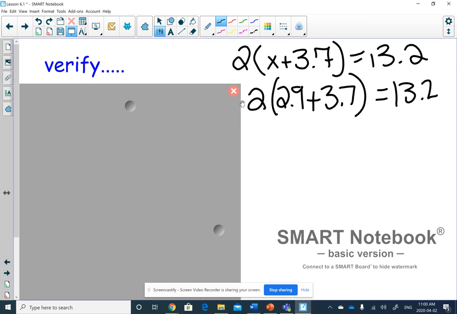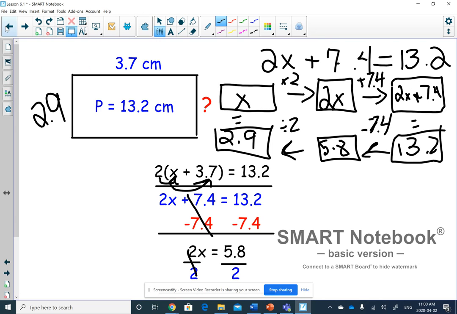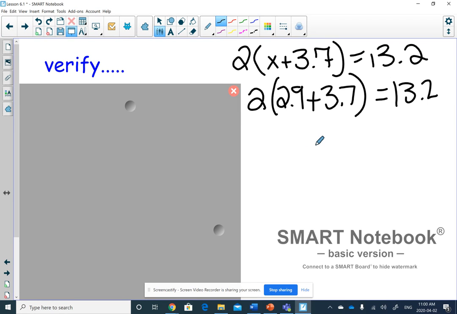All right, so first I have to do inside the brackets. So 2.9 plus 3.7 gives me 6.6.